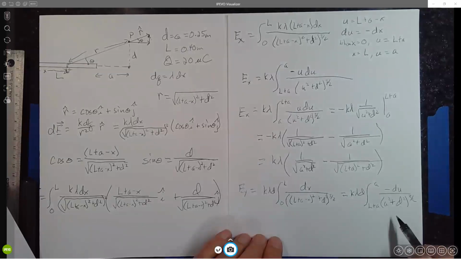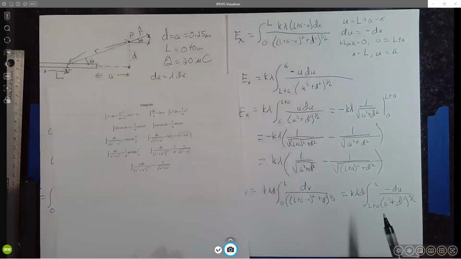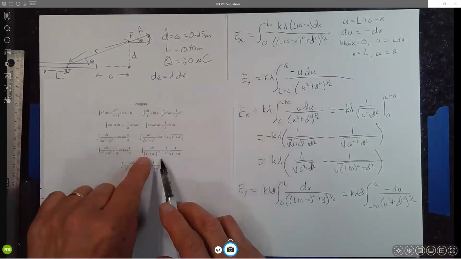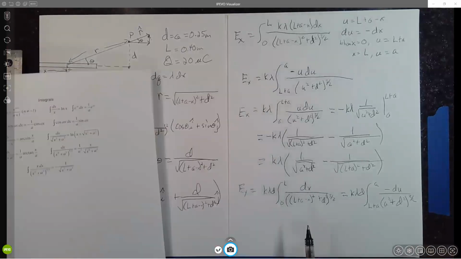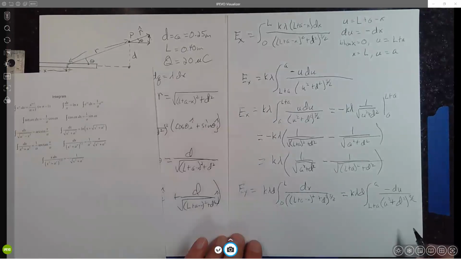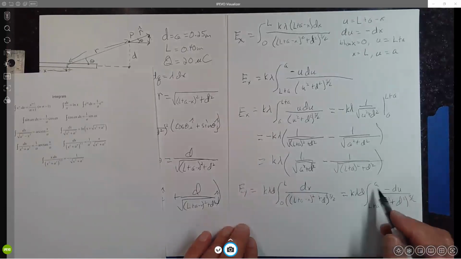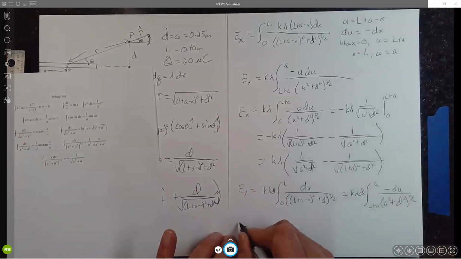Let's see. Yeah, it's practically the same thing, except instead of doing the x dx integral here, I'll just do the dx integral. And so, oh, and I could pull the minus. I'm just going to stick the minus sign out front, I think.